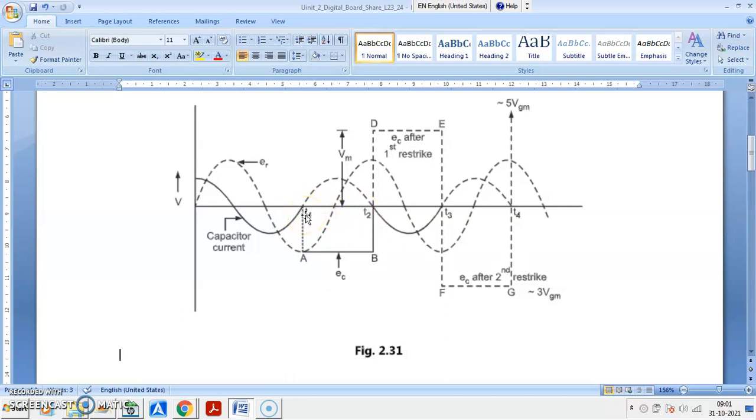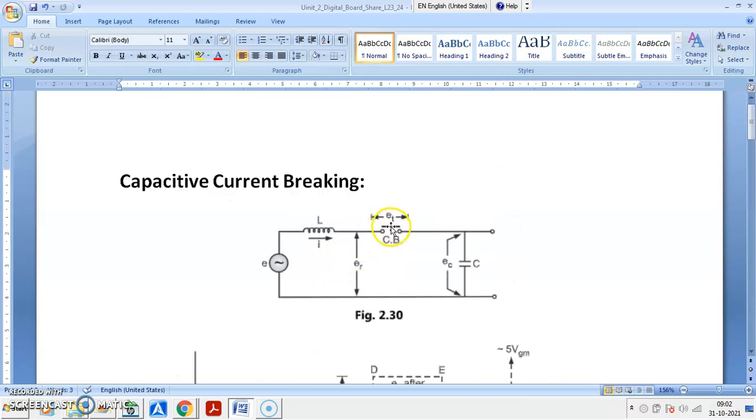So at time T1, the voltage at point A is negative maximum, that is the voltage across the capacitor. Are you able to see this diagram? Yes, sir. The source voltage is ER, the voltage across the circuit breaker is ER, and the voltage across the capacitor is EC.